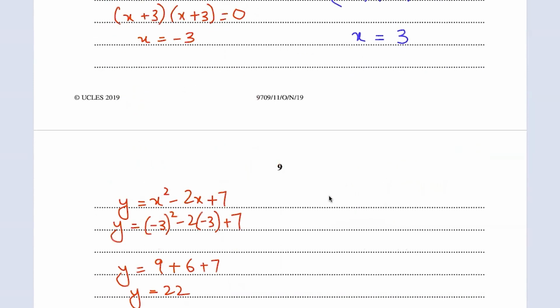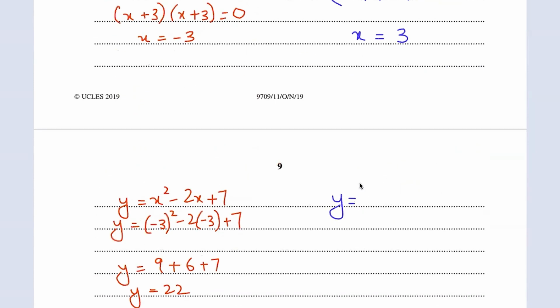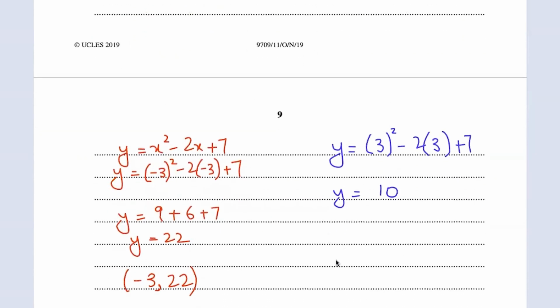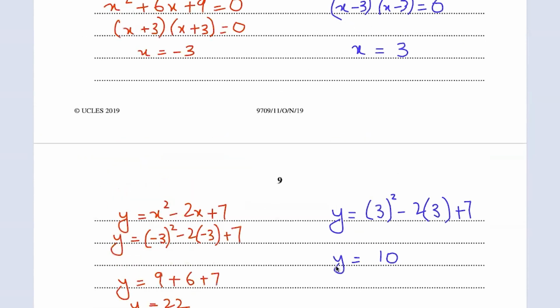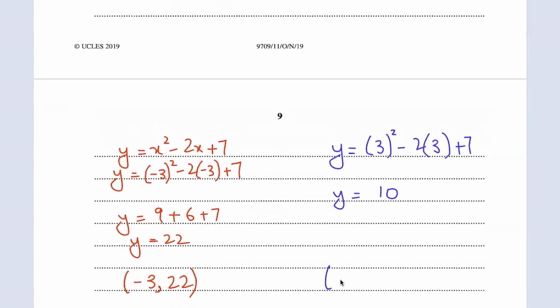Substituting this x equals to 3 into the equation y is equals to x squared minus 2x plus 7, we get 3 squared minus 2 into 3 plus 7. So this will become 9 minus 6, 3 plus 7, which is 10. So the coordinates where the value of m is equals to positive 4 will be 3 and 10.